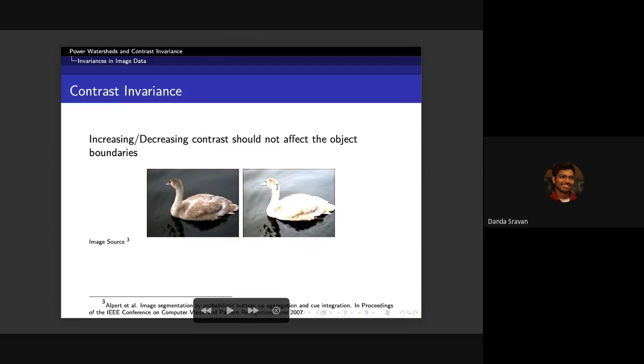Whether I increase or decrease the contrast, if I am working on image segmentation, if my goal is to obtain image segmentation, then the boundaries wouldn't change whether or not the contrast has changed. So this contrast invariance is something that people have not used much. How exactly we would make use of this contrast invariance is the main topic of today's talk.